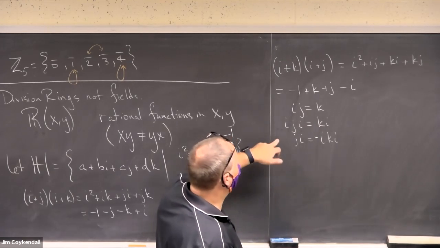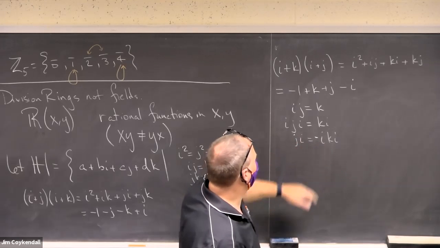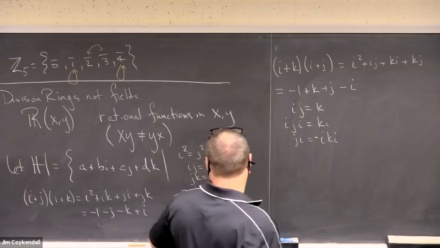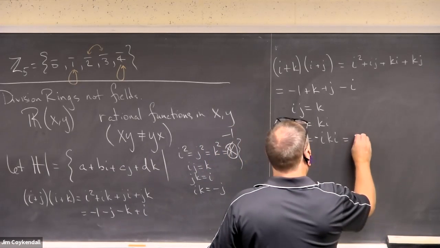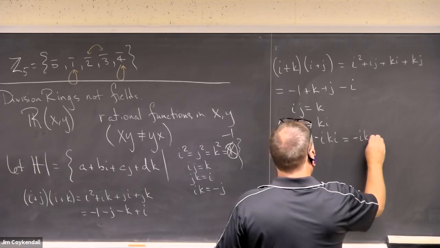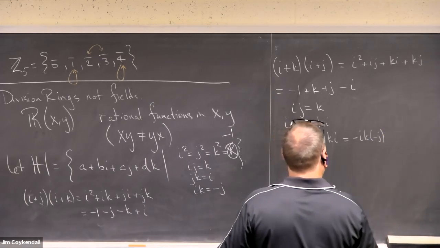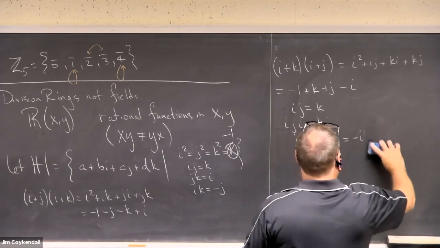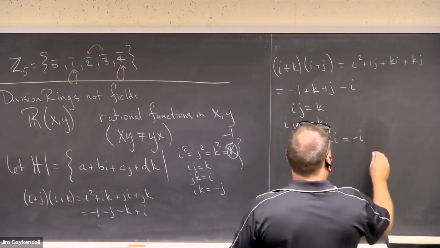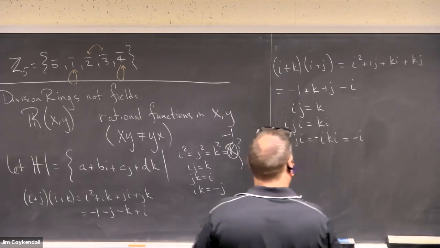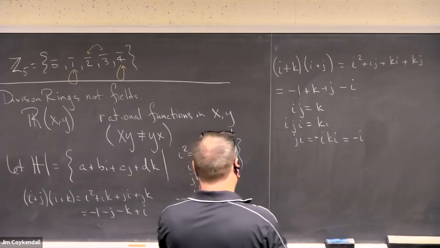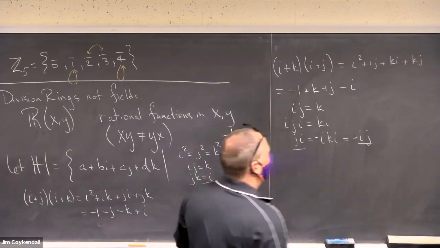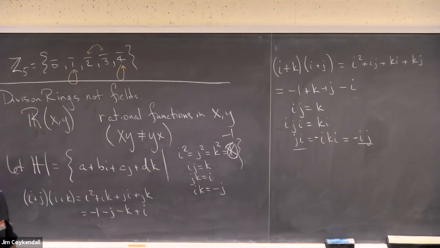I'm trying to get ji, so I'm going to multiply by minus i on this side. Then let's see, ik is minus j. Oh, so ki should be j. And then, so it's the opposite sign.